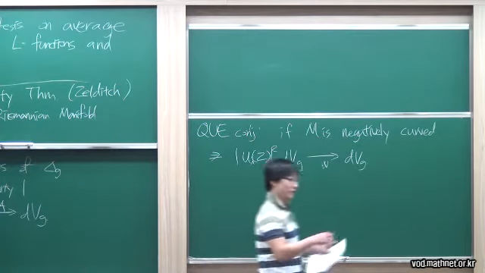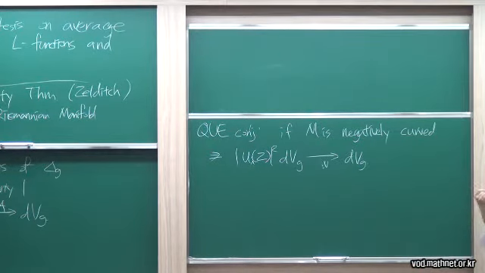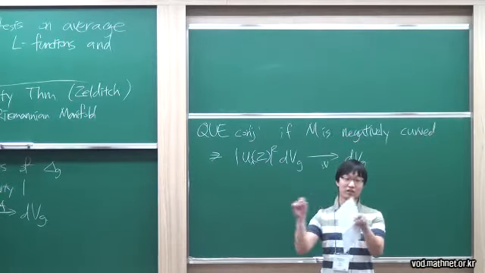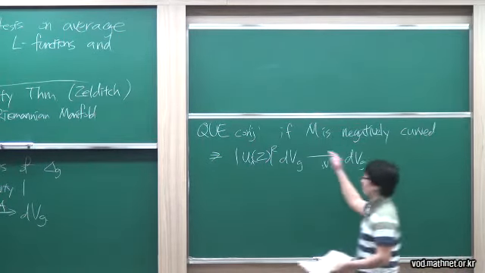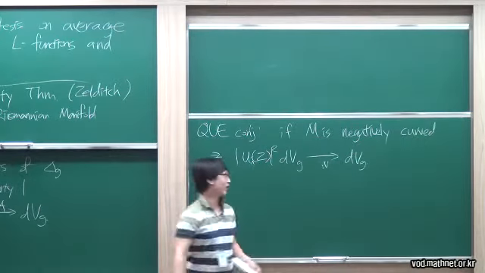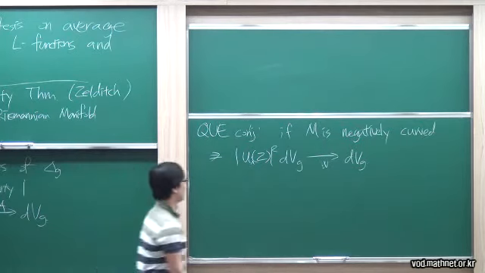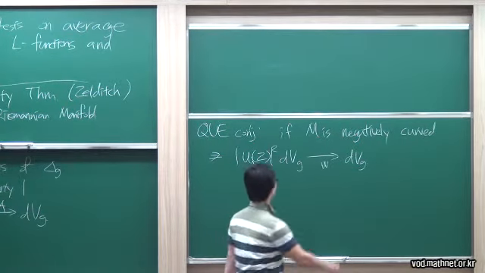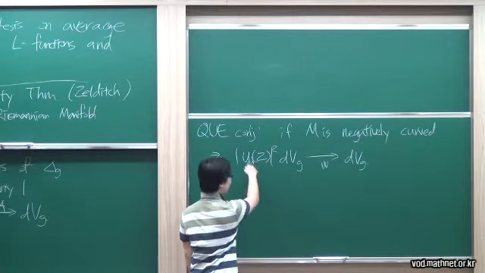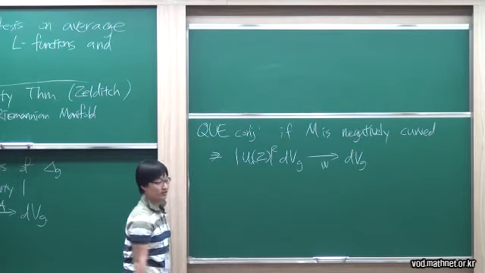So for example, if you think about the Gaussian beams, which is concentrated basically on the equator, then the limiting measure will be supported on the equator. So the QUE conjecture is only for M being negatively curved. Left side is dVg weighted by this eigenfunction at each point.